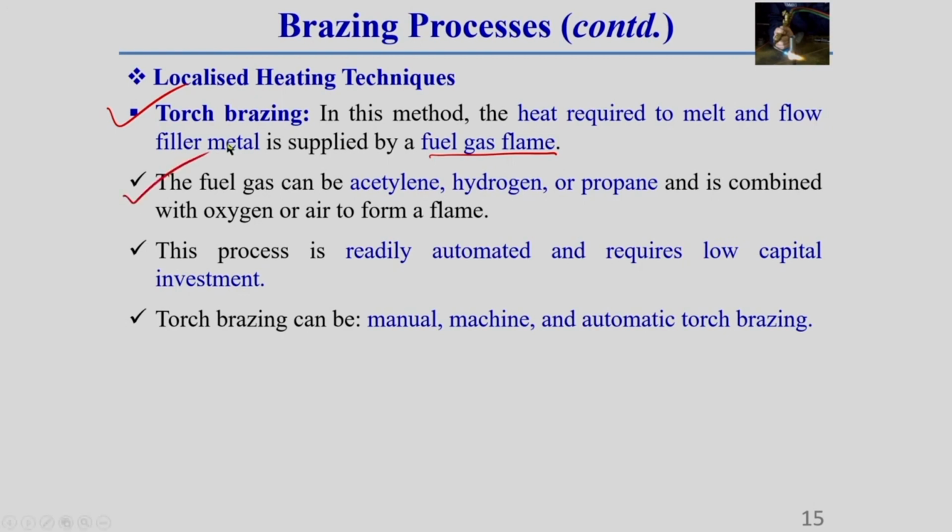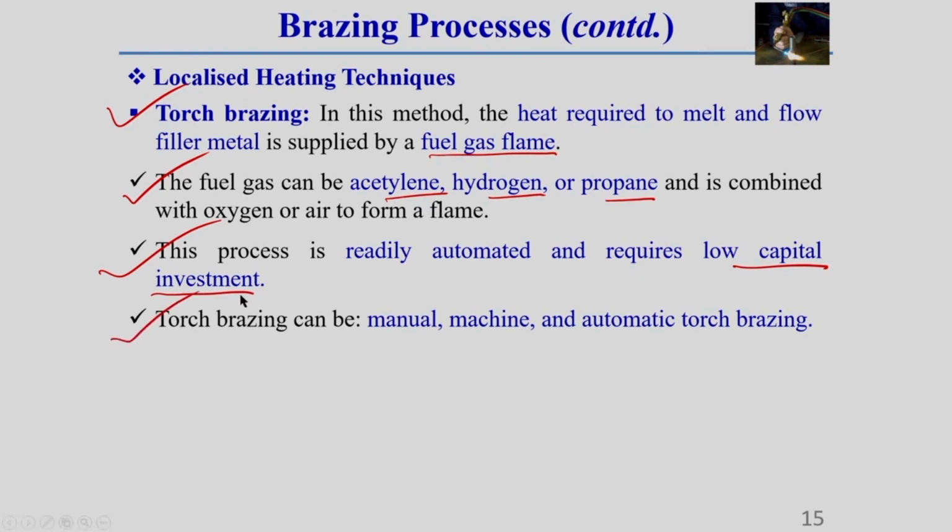This fuel gas, as I have already explained in earlier slides, can be acetylene, hydrogen or propane. It is generally combined with atmosphere, develops the flame, and which is used to heat the brazing part. Okay. Now, this process is readily automated and it requires very low capital investment. These things you should keep in mind. So, this torch brazing is a very low cost type of brazing process.